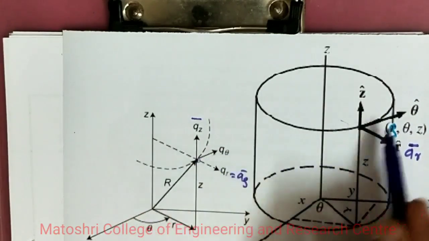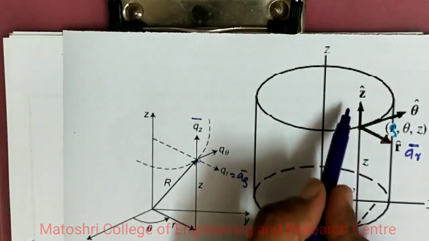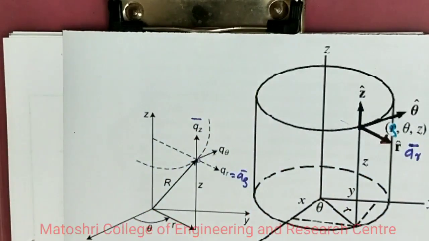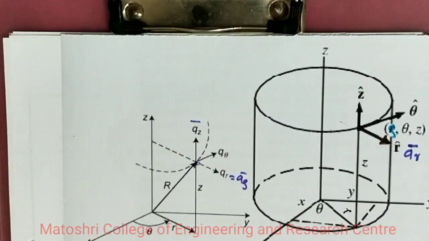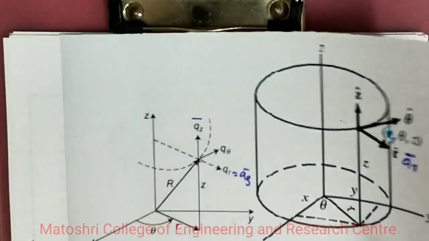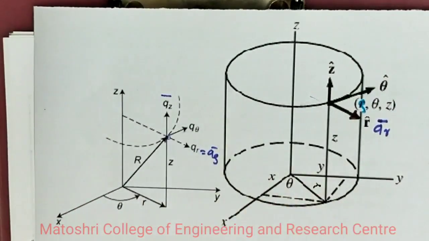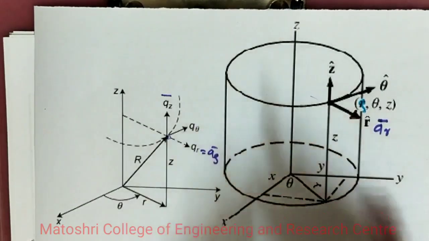This A phi is tangential to the cylinder, and AZ is also tangential to the cylinder, but AR is perpendicular to the cylinder. What is interesting here is that in the Cartesian coordinate system, the directions AX, AY, AZ always remain constant. But in the circular cylindrical coordinate system, the directions of A phi and AR keep varying, and only AZ remains constant. I will give an example.